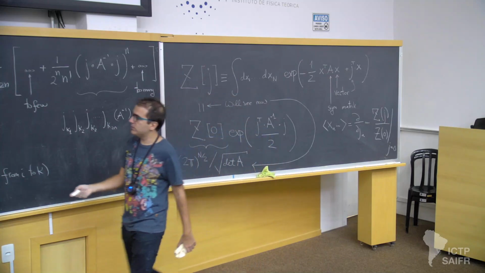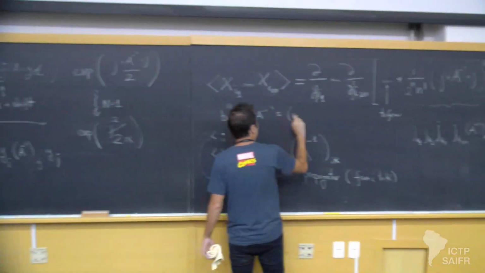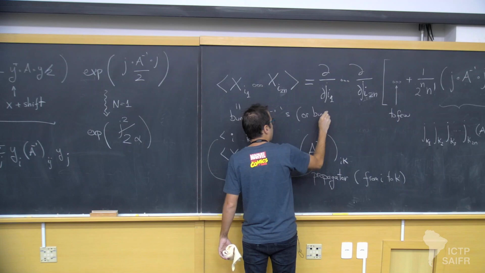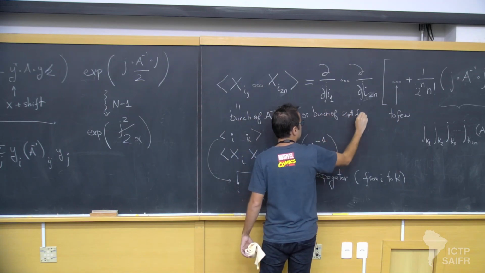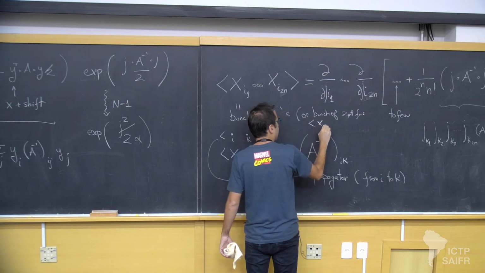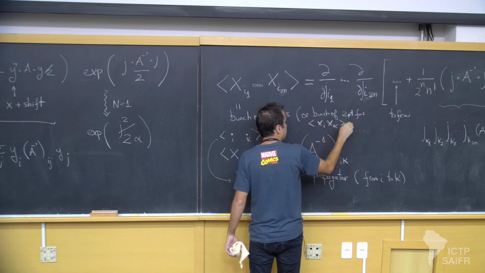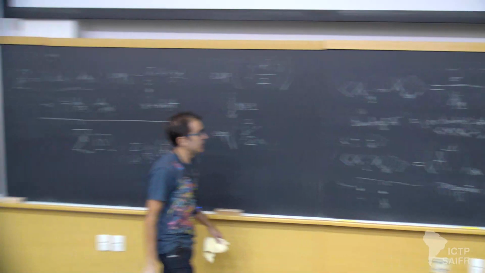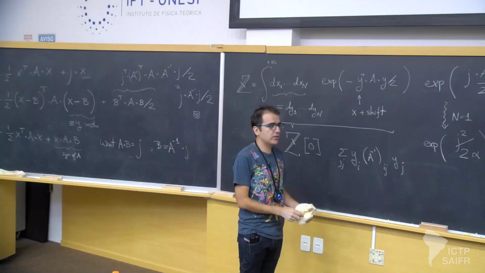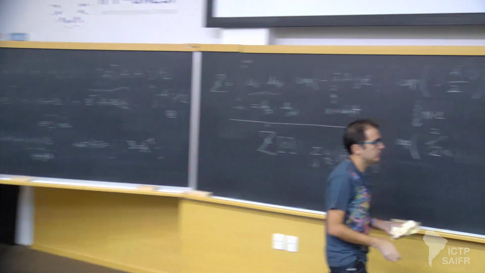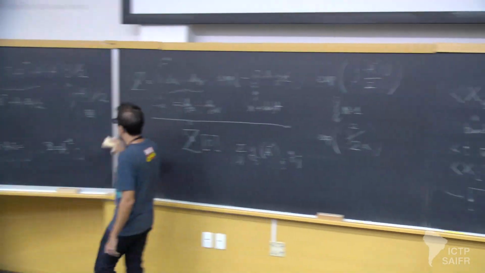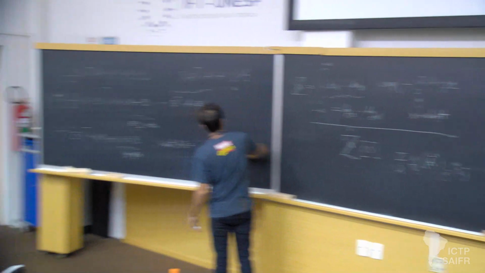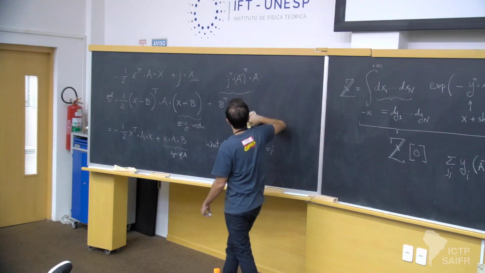So we can also say it's a bunch of two-point functions x_i, x_k, because each A minus 1 is a two-point function. Now, the precise formula for this bunch is what's called Wick's theorem.